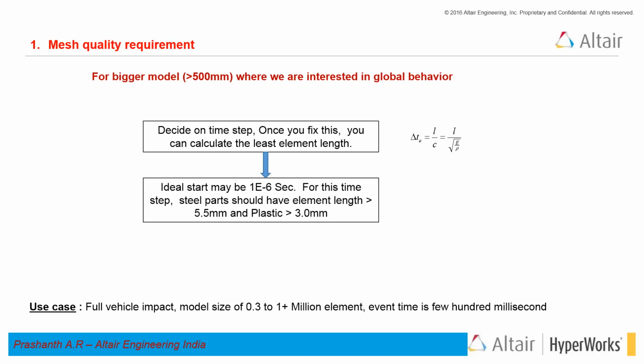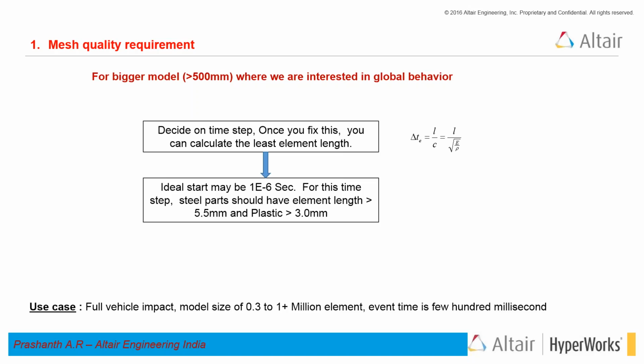Depending on all these parameters, you have to arrive at one equation. And of course, the objective of the analysis is important. If you have to meet that, you have to put that many elements of that particular size.